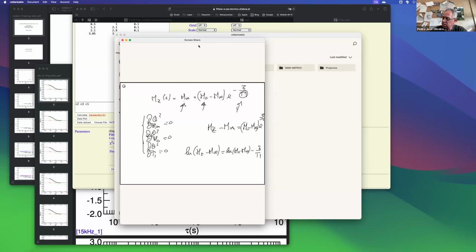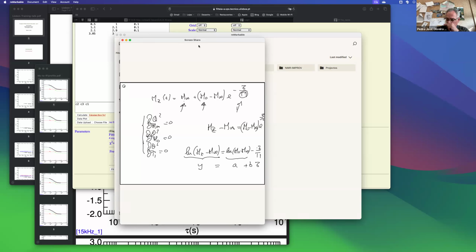Oh, but that is interesting because now, if I call this y, if I call this a, and if I call b 1 over T1, I will have my equation, which now is a linear equation. And then I can make my life easier in this way. Yeah, this is true.